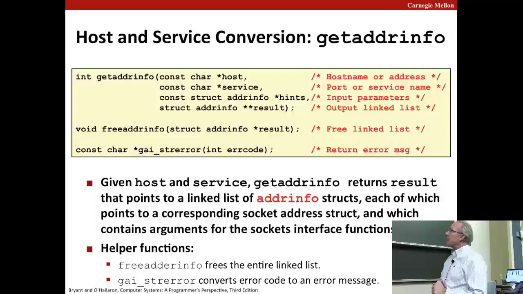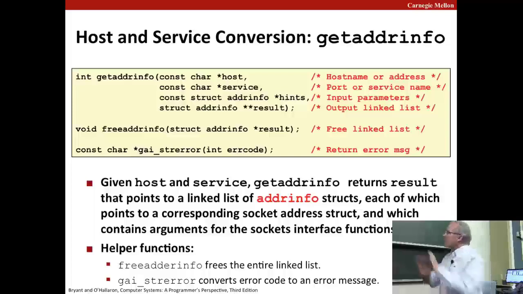The service is usually, if we're using this to look up a host, actually a null pointer. Basically, typically one of those two will be a string and the other will be a null pointer. And the reason for that is this same function can be used either to look up a service, like what is the port number associated with HTTP, or what is the IP address of www.cmu.edu.